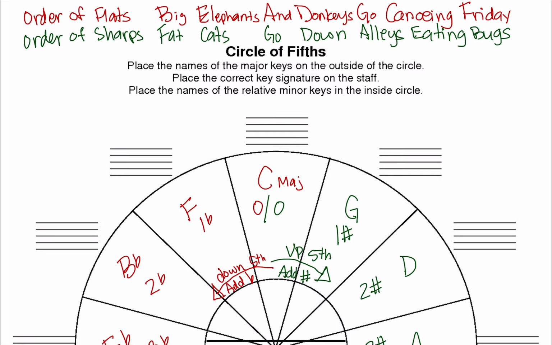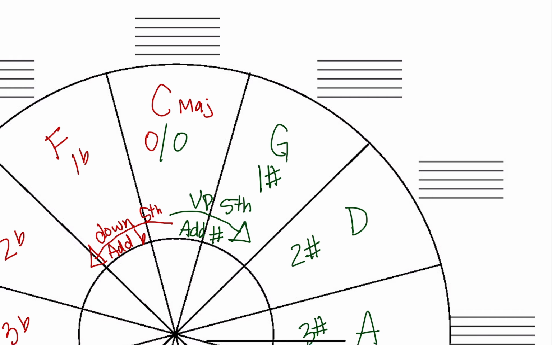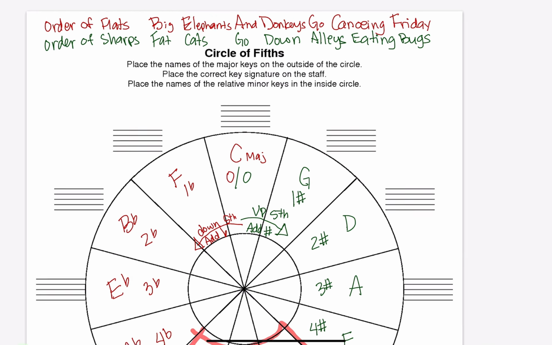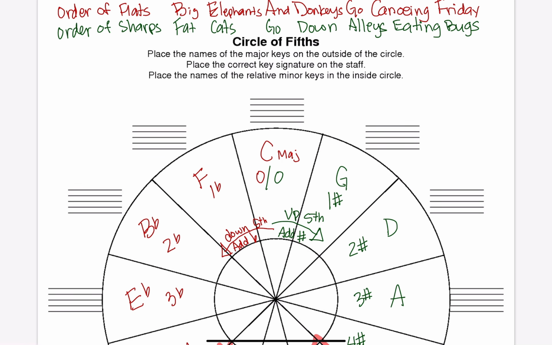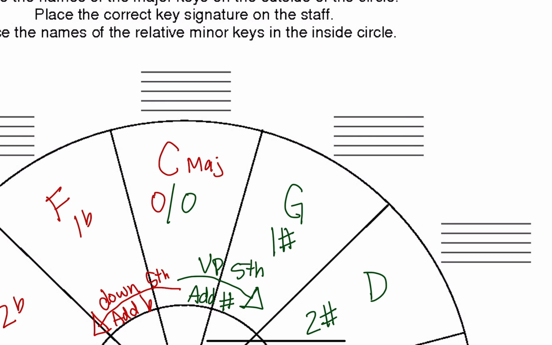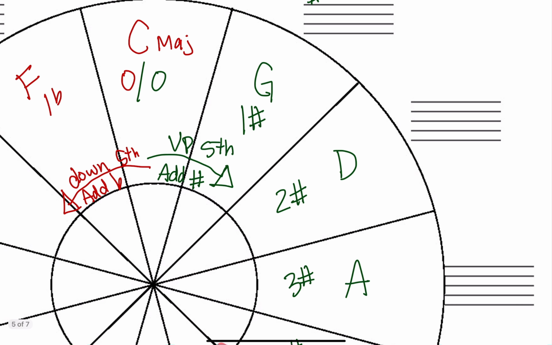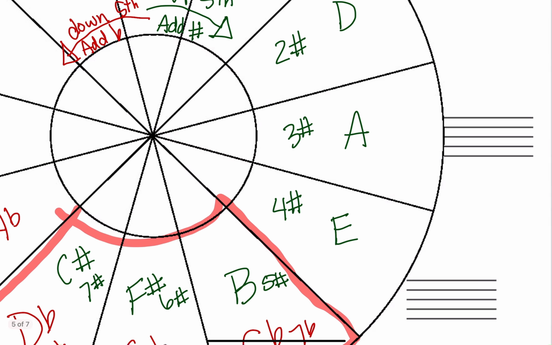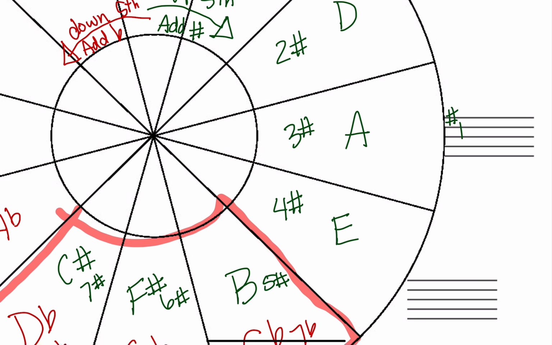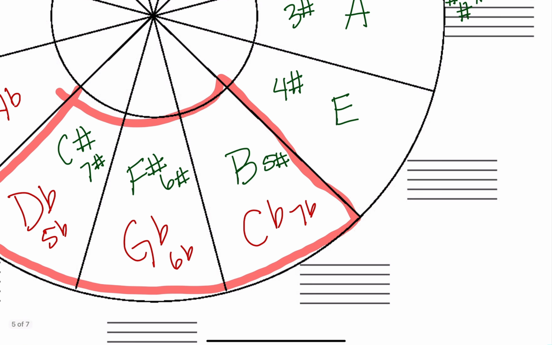All right, so then you just have to add those sharps to your staffs here, your sharps and flats. So let's go around this side. G major has 1 sharp. That 1 sharp is going to be F sharp. Okay, I'm going to do this in treble clef. F sharp. D has 2 sharps. Fat cats. A has 3 sharps. Fat cats go. E has 4 sharps.